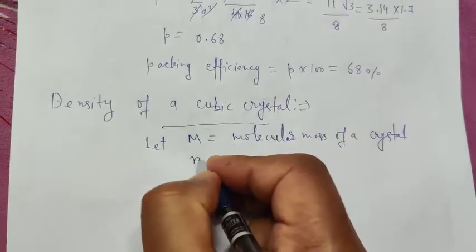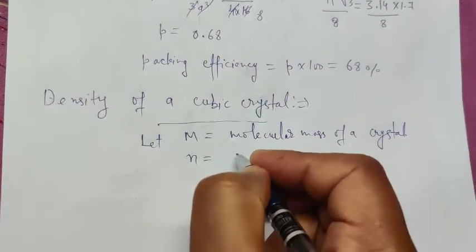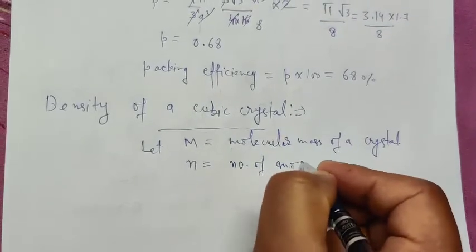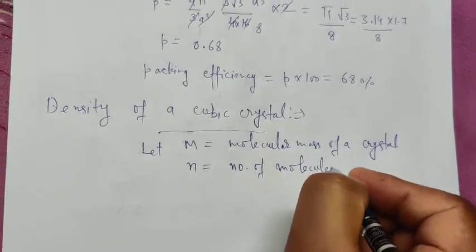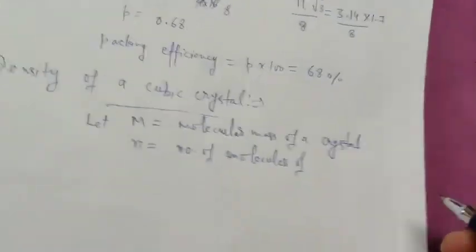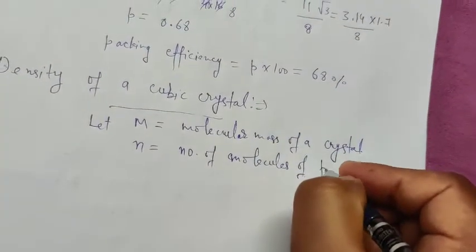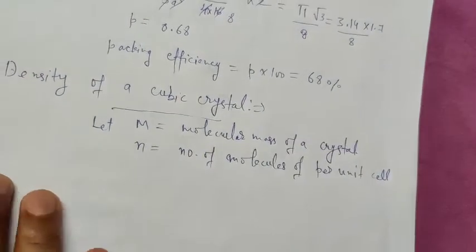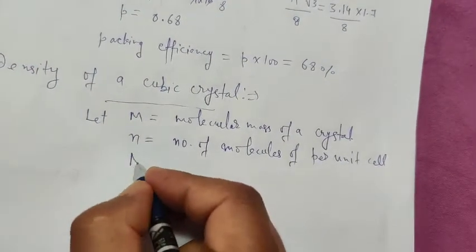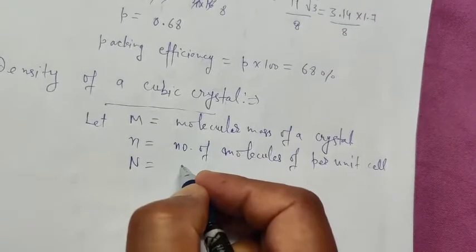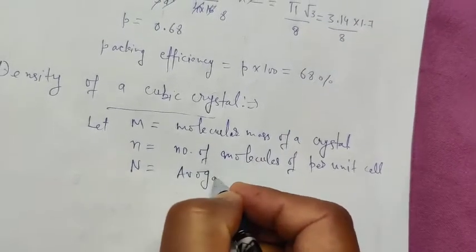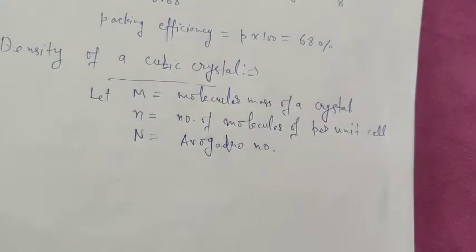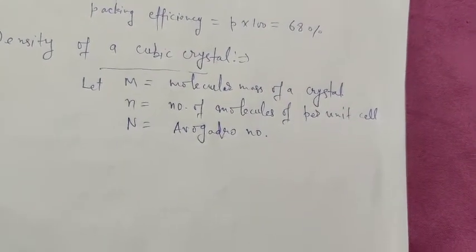Let us also consider small n as the number of molecules or atoms per unit cell, and let capital N be the Avogadro number, that is 6.023 × 10^23.